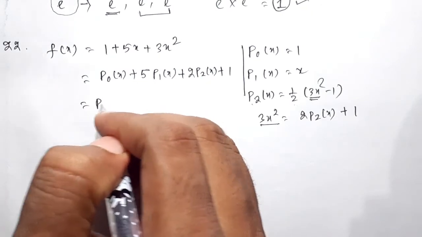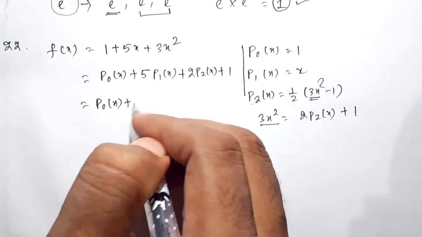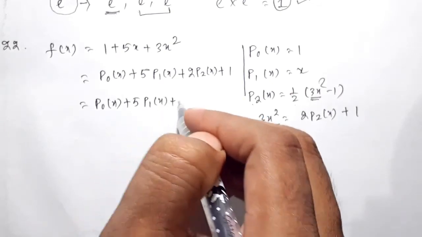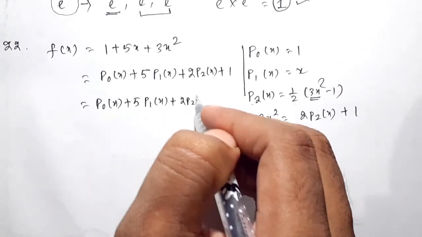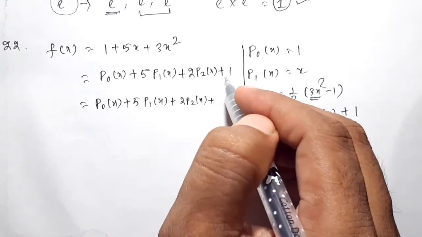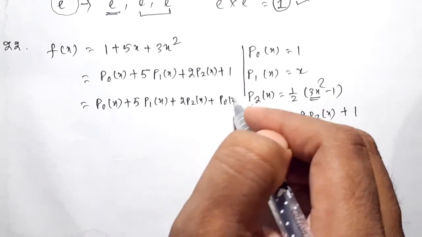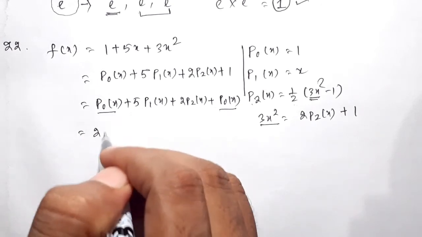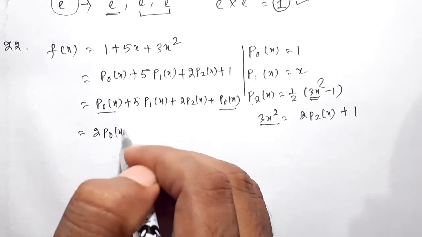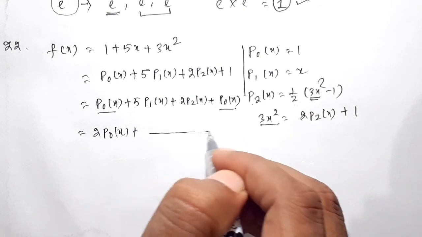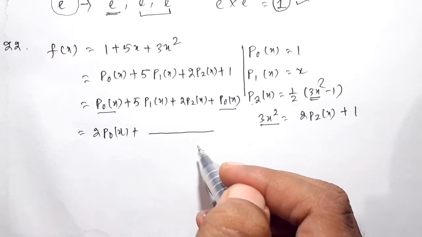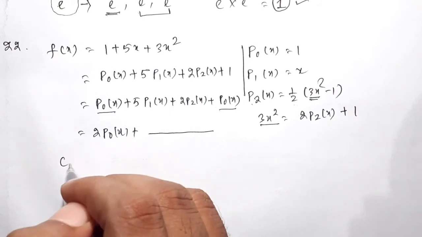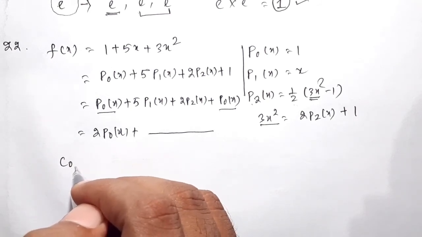So p naught x plus 5 p1 x plus 2 p2 x plus again 1, that means again p naught x. So p naught x and p naught x gives 2 p naught x plus the rest of the terms, but we don't need to write those, because the question asks only for the coefficient c naught.